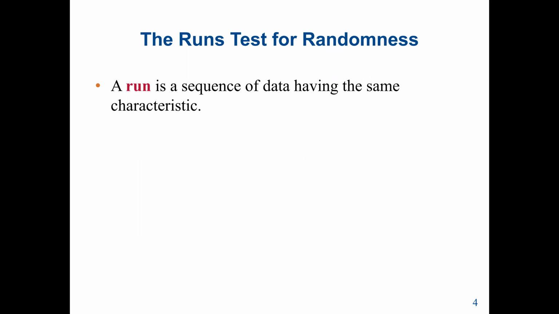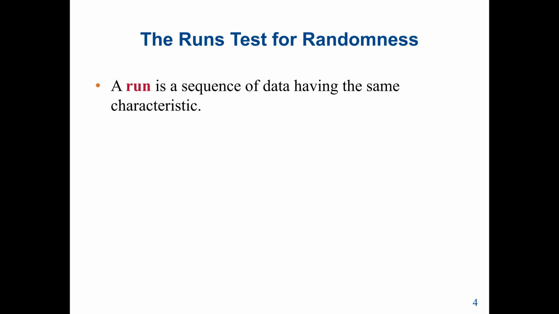And randomness is a very important concept in probability and also statistics. In this session, we are going to discuss a method for determining whether a sequence of observations exhibits randomness. And to illustrate this concept, we will use the familiar coin tossing experiment as an example.